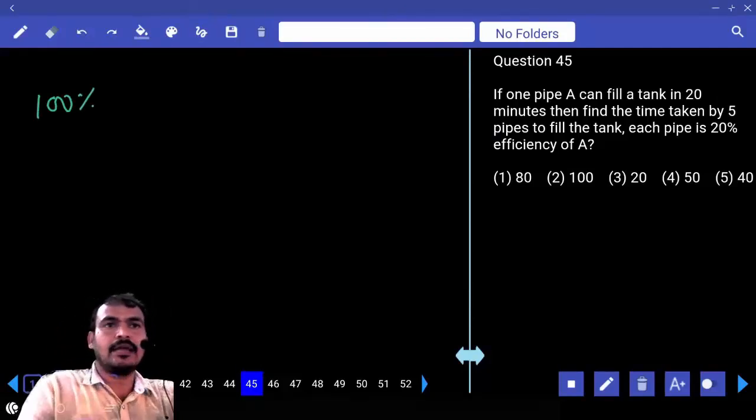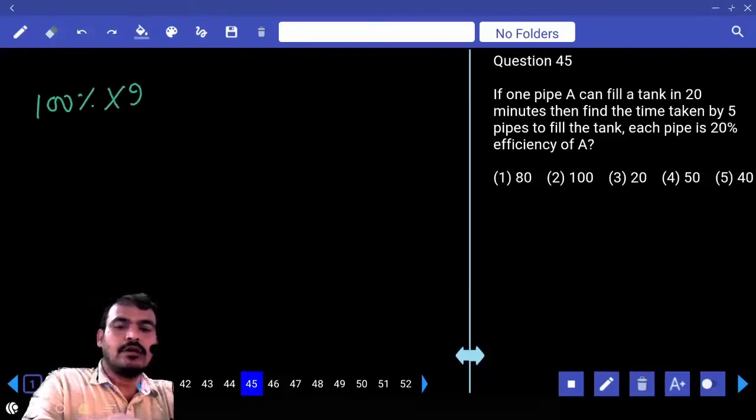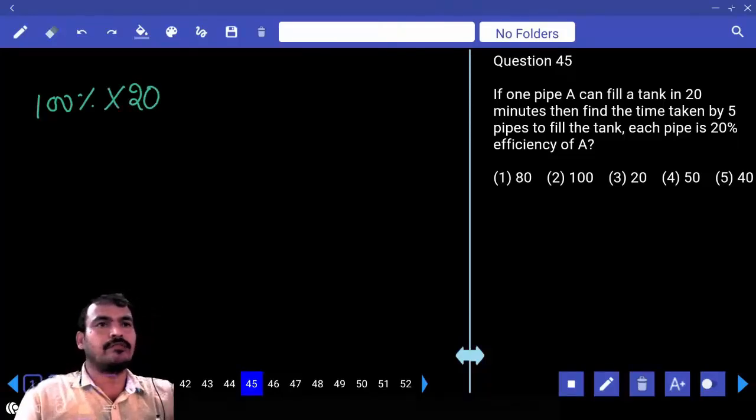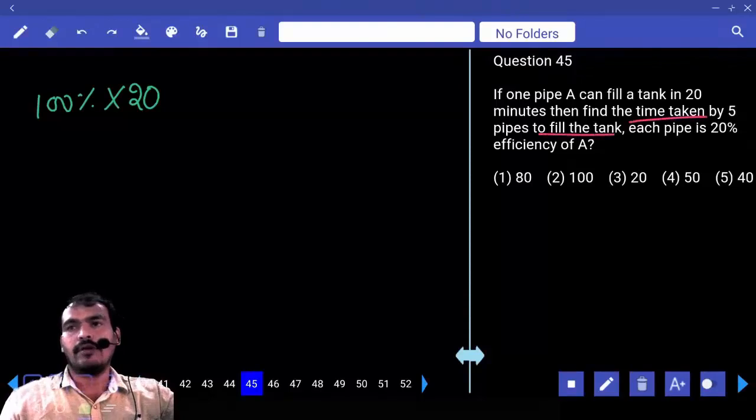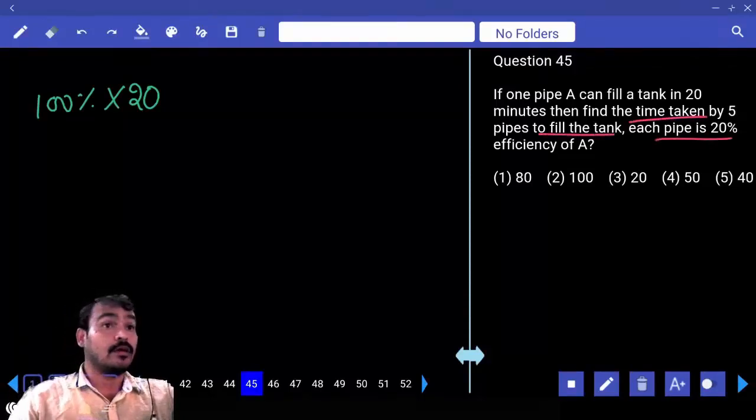It fills the tank in 20 minutes. 100% into 20 gives the work value. The same work is completed by 5 pipes, but each pipe's efficiency is 20%.